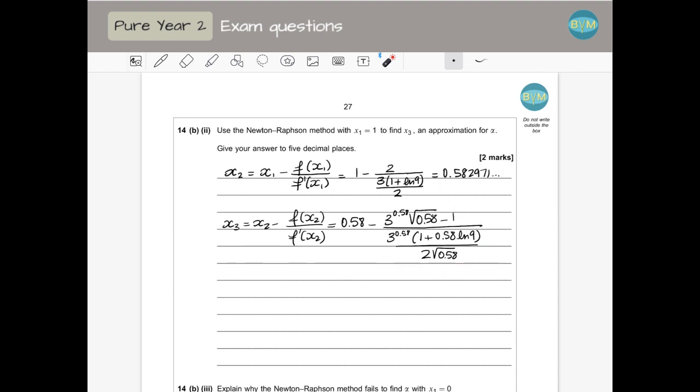You put this in the calculator, and you get 0.424653. Those are the first few decimals, and we have to round to 5 decimal places. So I have 0.42565 to 5 decimal places.